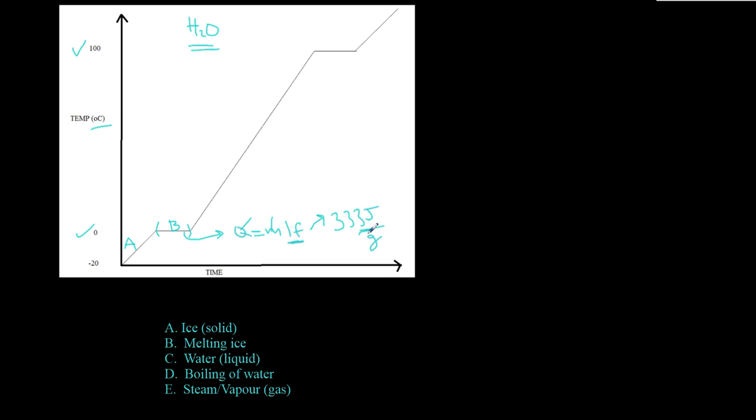So for every gram that you have, there's going to have to be 333 joules of energy added to that substance in order for it to melt. On the flip side, if it is going in this direction, it's going to have to give that energy off in order to form ice. Now, we have water, liquid, and that's C.